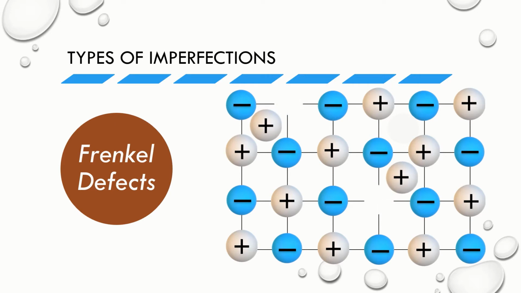Since the cations are usually smaller, it is more common to find the cations occupying the interstitial sites. And this defect is also called dislocation defect because the smaller ion, which is usually the cation, is dislocated from its normal site to an interstitial site.